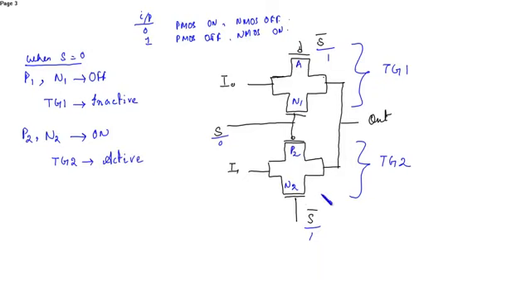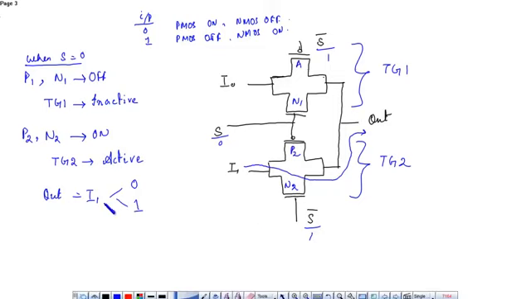When transmission gate 2 is active, then the input I1 is seen at the output. So out is equal to I1. I1 can have any value, that is, if it's 0, then out will be 0. If 1, then out will be 1. So whatever the value of I1 will be there at that point will be seen at the output.